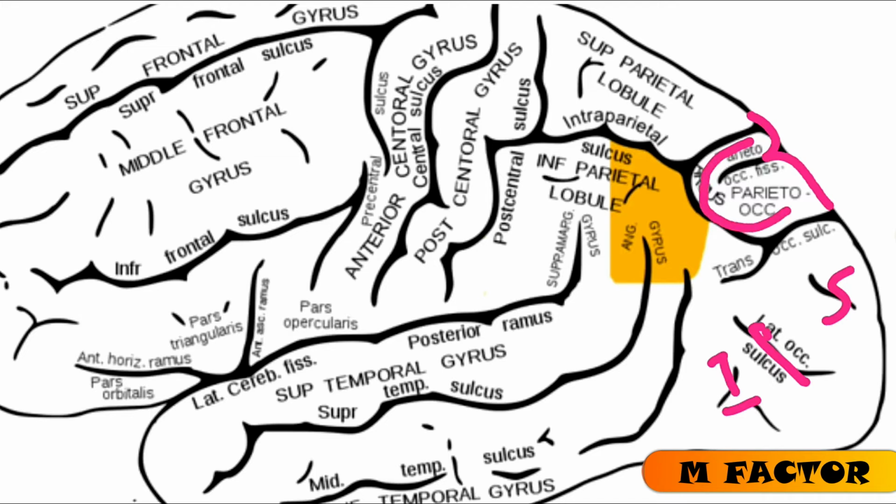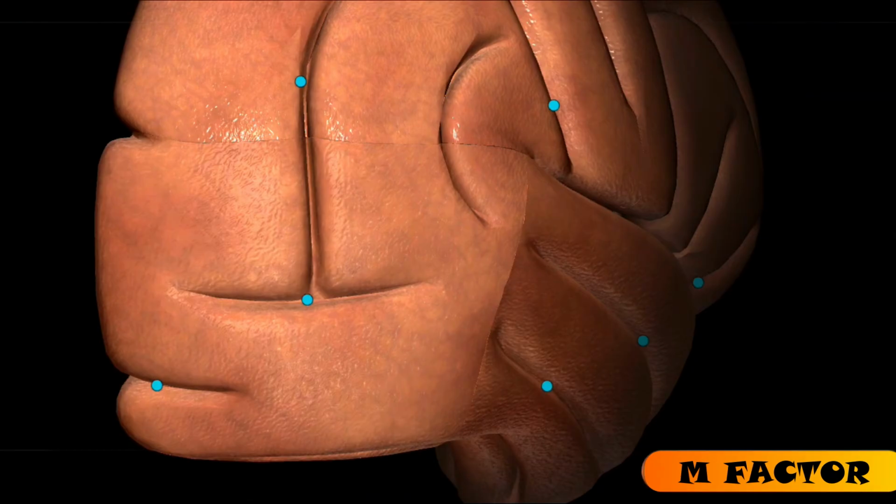This area is divided from the superior occipital gyrus by the transverse occipital sulcus. This is the parieto-occipital fissure, the parieto-occipital sulcus. This is the arcus parieto-occipitalis and the transverse occipital sulcus.